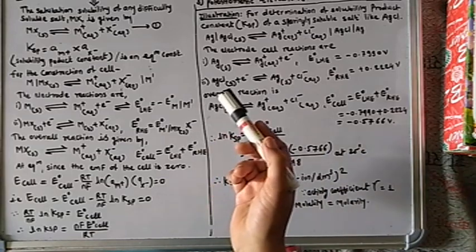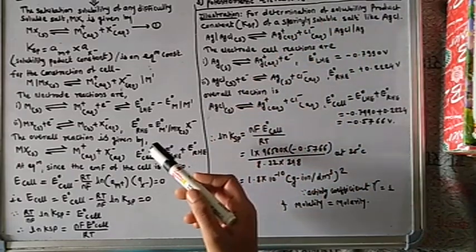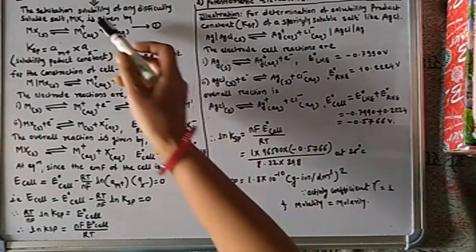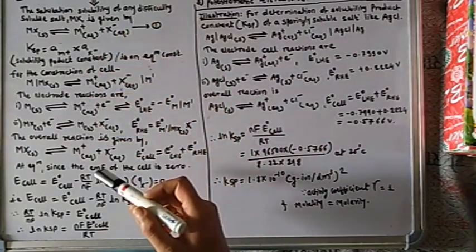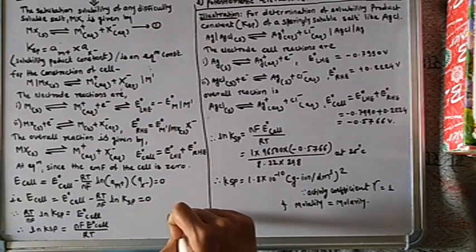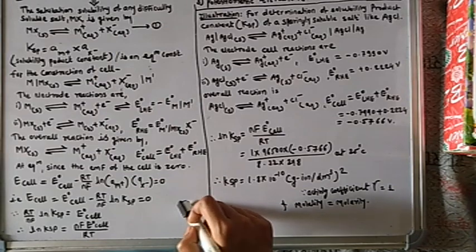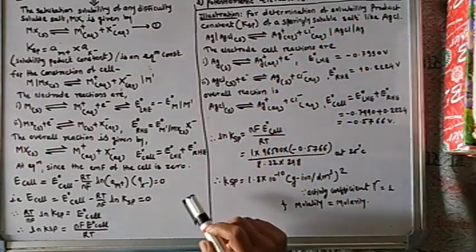Then we will see potentiometric titration as an application of EMF measurement. So first we saw the solubility product of sparingly soluble salts. We will stop here. In the next video we see the second application, that is potentiometric determination of pH.